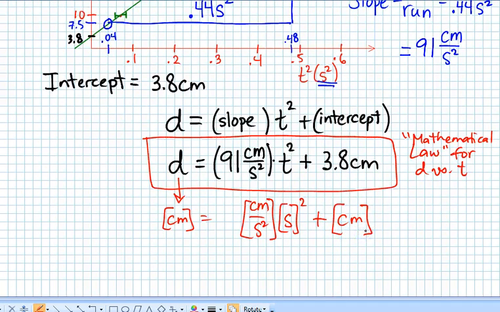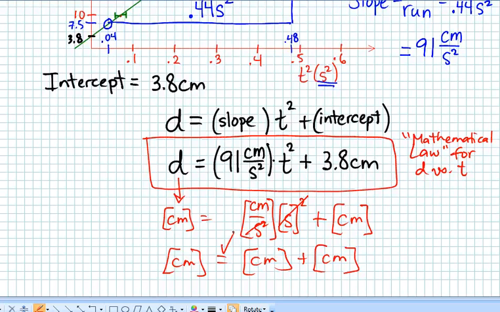So is everything in centimeters? Looks like we have centimeters here because the seconds will cancel, and centimeters here. Okay, so this equation is dimensionally accurate, and that's how we know that it quite possibly is the correct law for distance versus time.